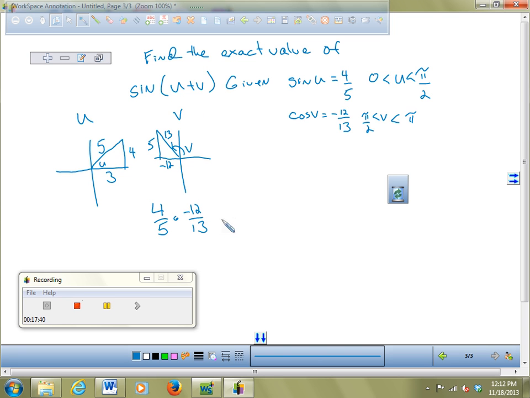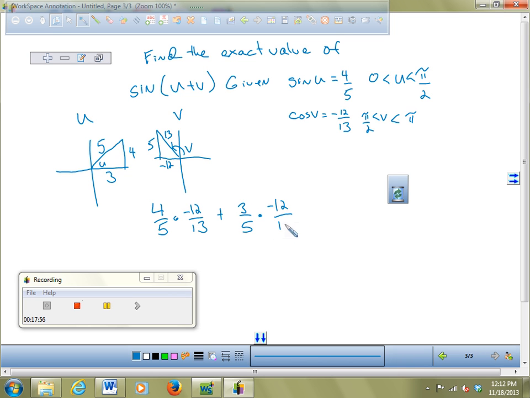Sine has a plus sign in between. Cosine of u, you can have your formulas in front of you. Cosine of u, sine of v, which is negative 12 over 13 again, right?